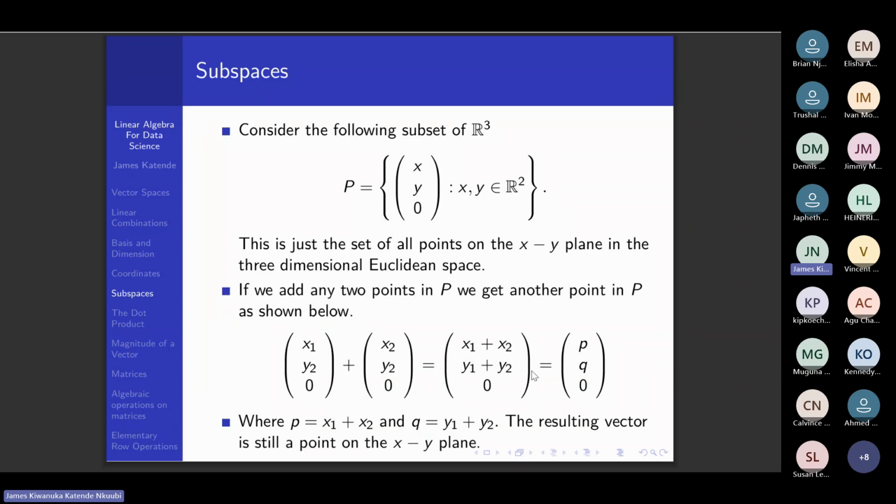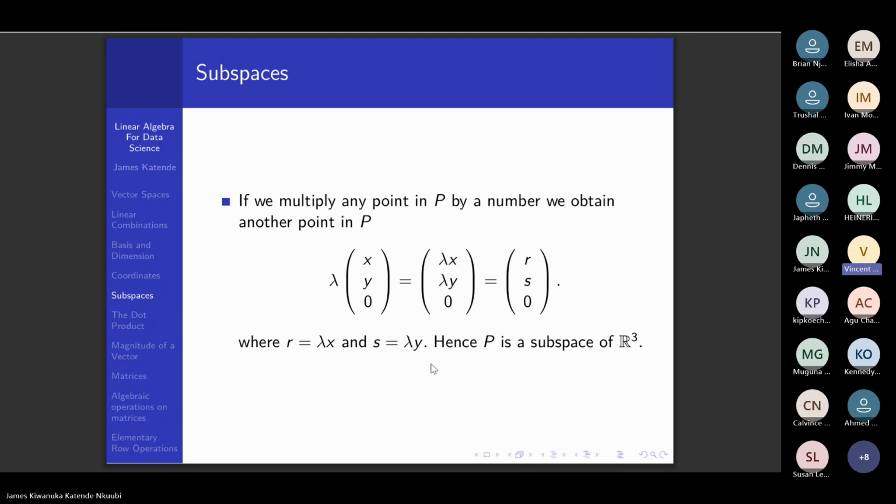You can see we still get another vector in the same set. So addition of 2 vectors from this set gives us another vector in the same set. If you multiply a vector in the set by a scalar, you still get another vector in the same set, as you can see from this explanation. So again, this is a subspace of R3.